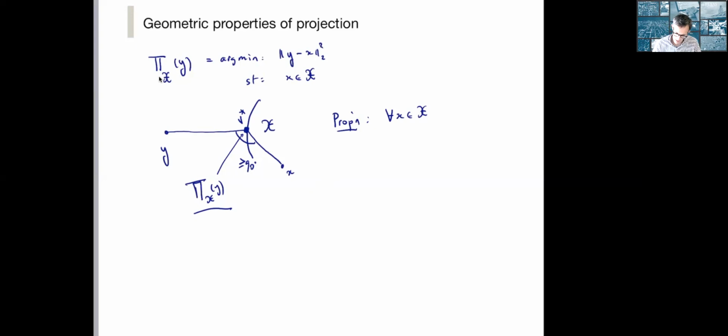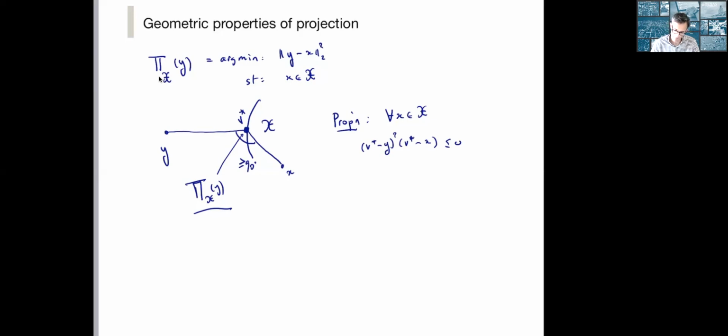For any point x in x, this angle that's made is obtuse. And what does that mean? That means that v star minus y transpose times v star minus x is non-positive. So this proposition is saying exactly what the picture is showing.